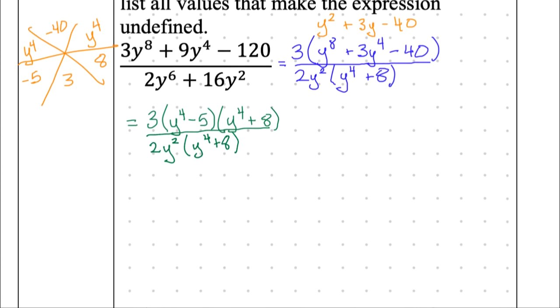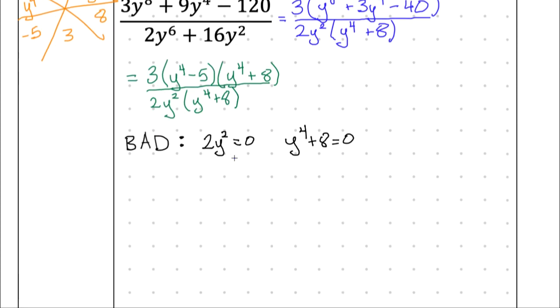So how do we do this? Step 2, I'm going to set this denominator equal to 0, which gives my bad values down here. That's a bad D. There it is. My bad values are going to be when 2y squared is equal to 0 and when y to the power of 4 plus 8 is equal to 0. Solving both of these, divide both sides by 2 and I get y squared is equal to 0.